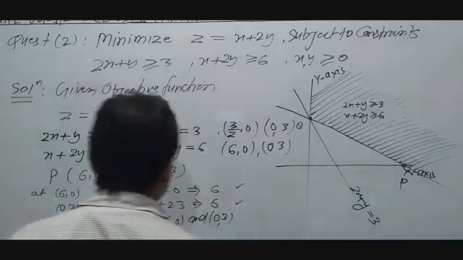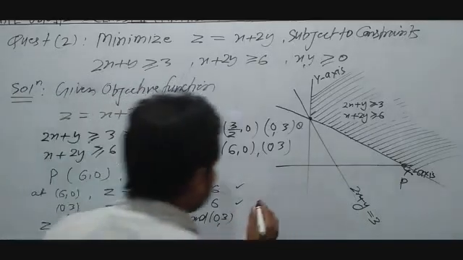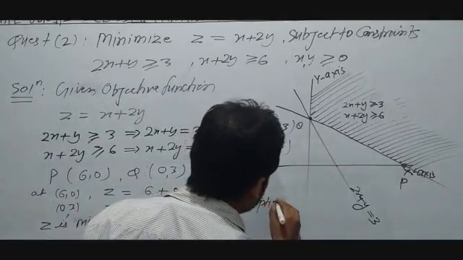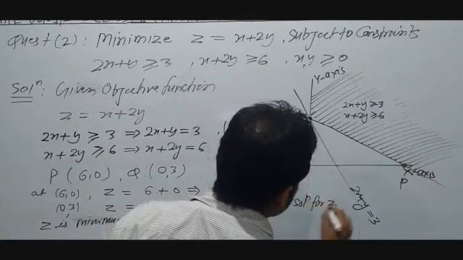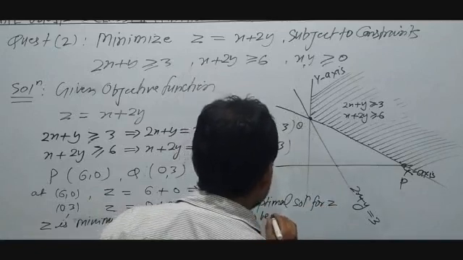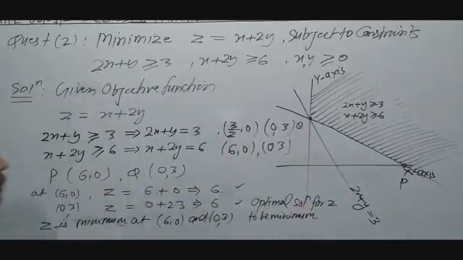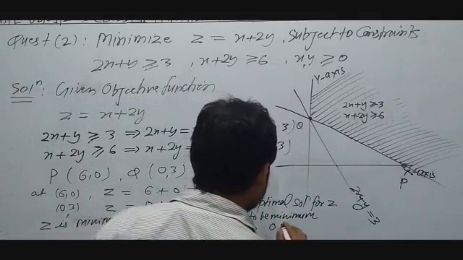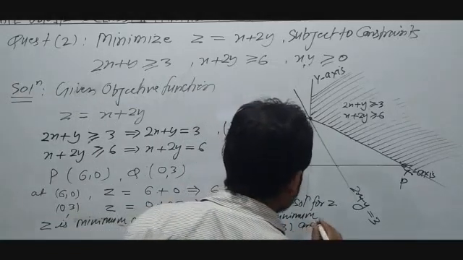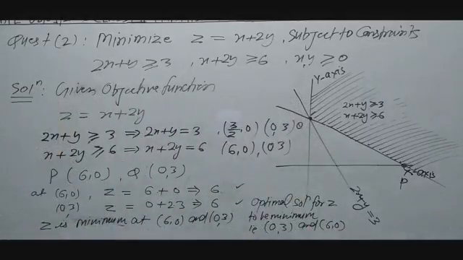So the optimal solution for z to be minimum is 0, 3 and 6, 0.